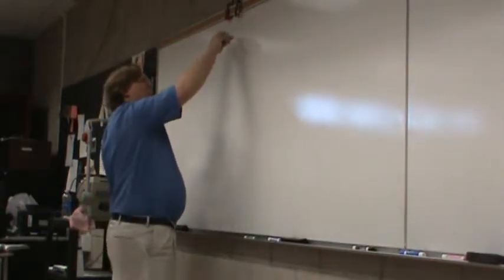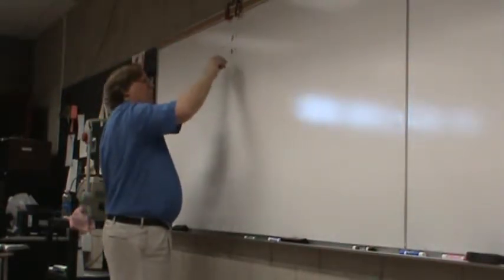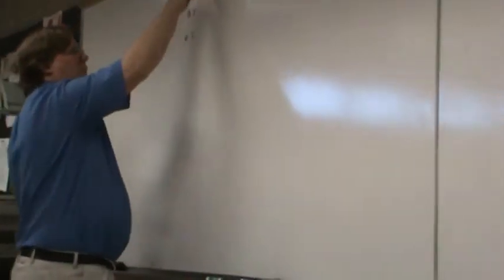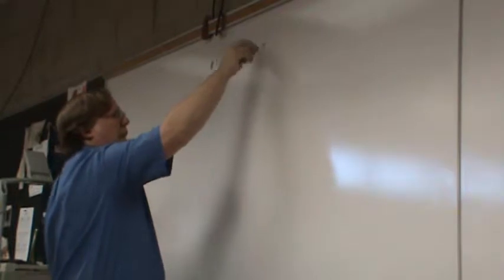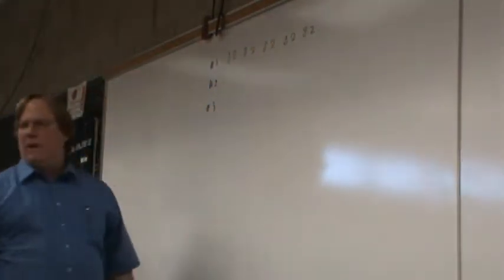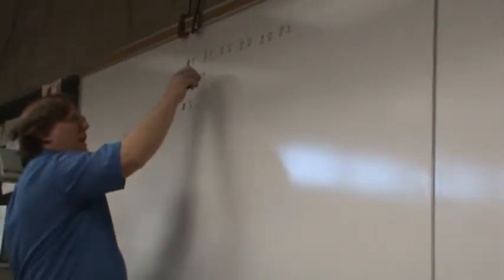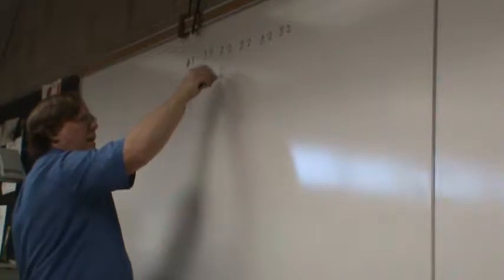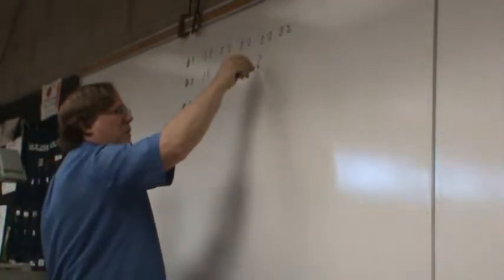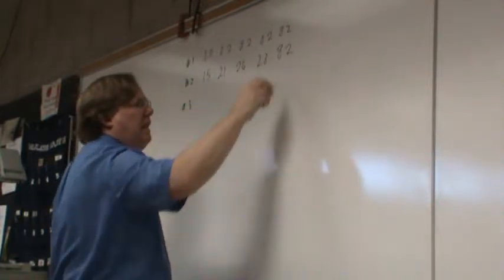So you've got 3 kids who take 5 exams, right? The first kid takes 5 exams and gets an 82, an 82, an 82, an 82, and an 82. You guys okay with that? Another kid takes 5 exams. He gets a 15%, a 21%, a 26%, a 28%, and an 82.